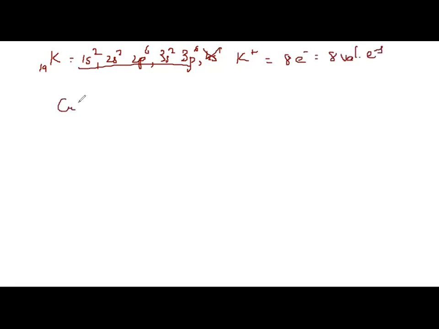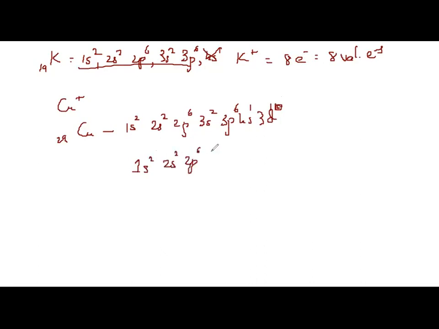What remains? Cu plus. Atomic number of copper is 29. Just now we have seen 1s2, 2s2, 2p6, 3s2, 3p6, 4s1, 3d10, or this can also be written as 1s2, 2s2, 2p6, 3s2, 3p6, 3d10, 4s1.